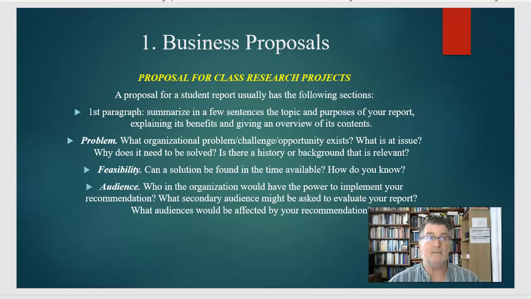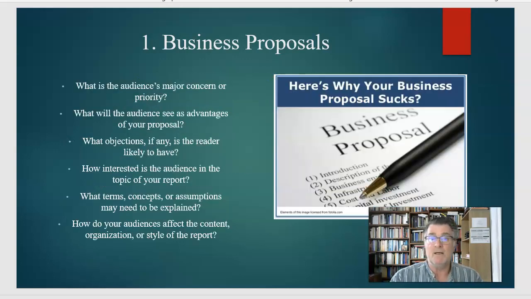Both monetarily and in terms of perhaps hiring more people or streamlining the business model, whatever it is. So there is the problem, the feasibility in solving the problem, and the audience, and that is essentially the person that could bring about this change. If you can identify all these people in your business proposal, you're doing just fine.